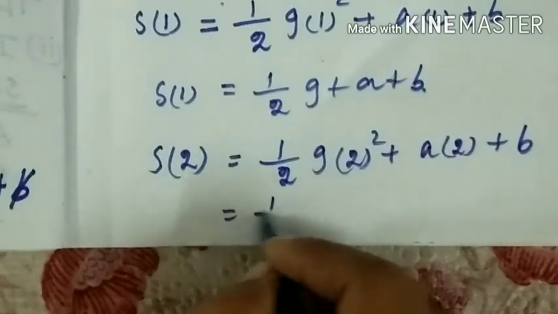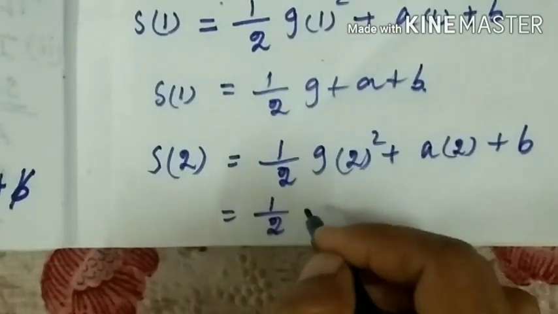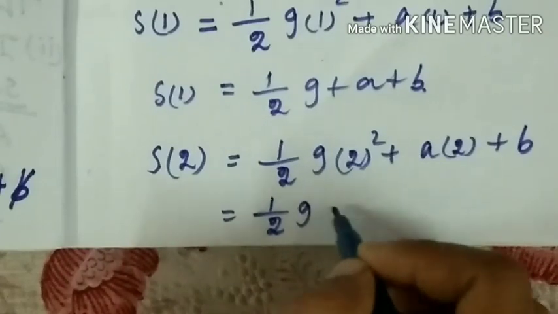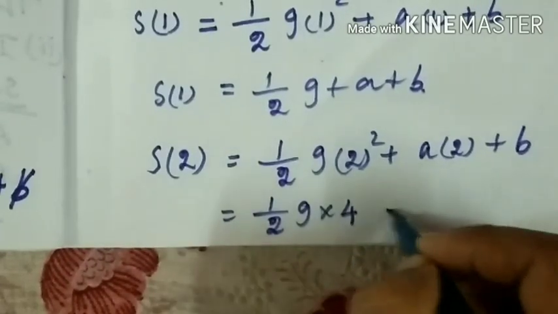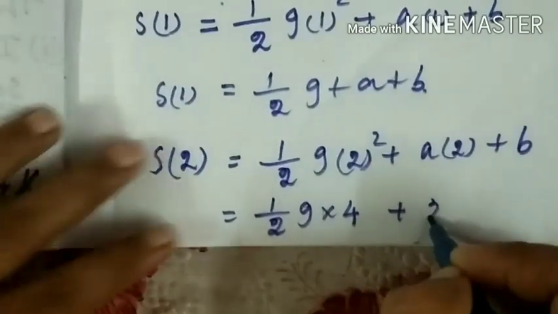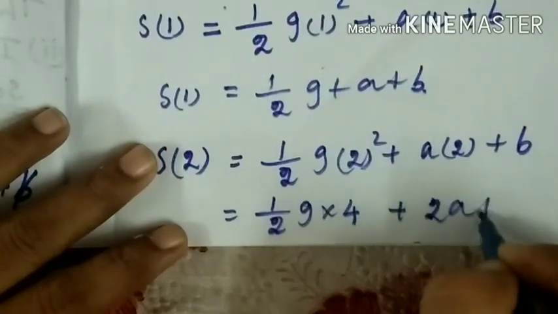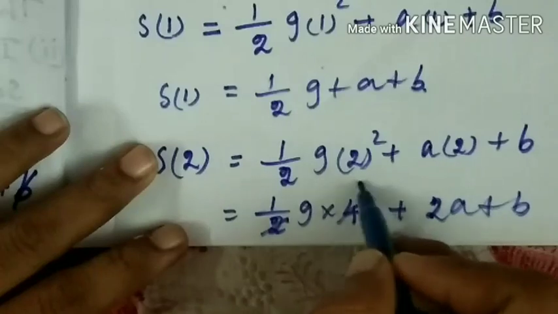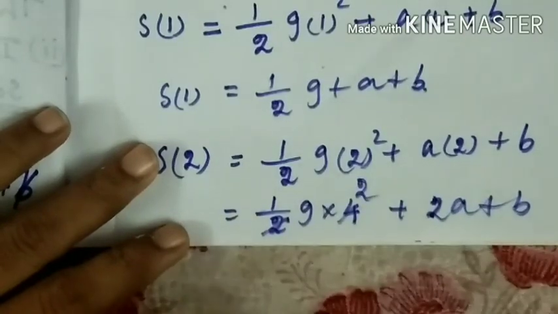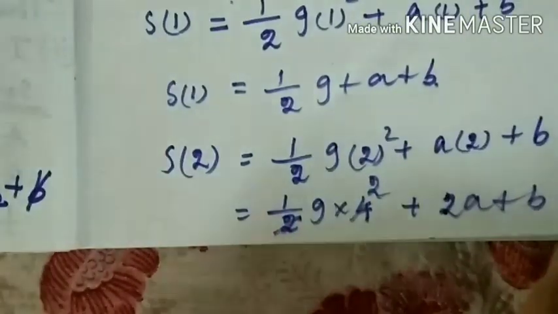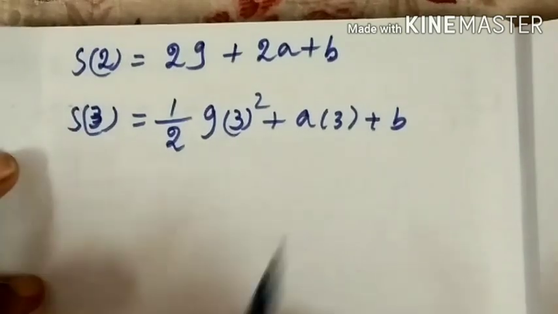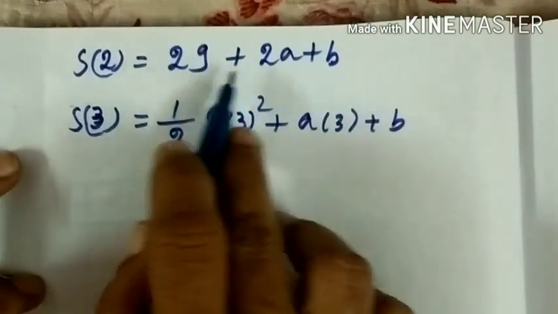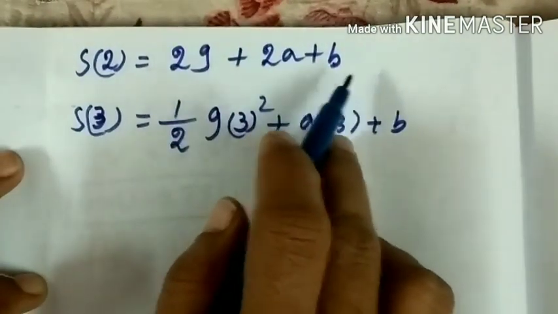Then we get half g into 4 plus 2a plus b. So here you cancel 2 and 4, you get 2g. Now s of 2 equal to 2g plus 2a plus b.